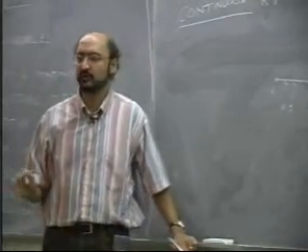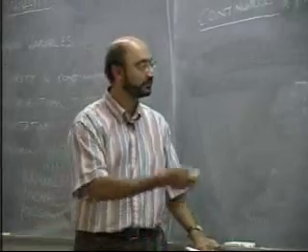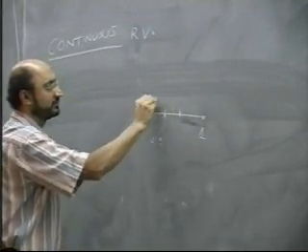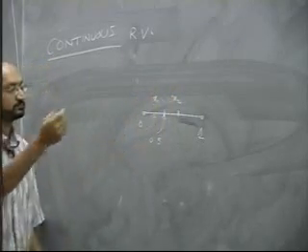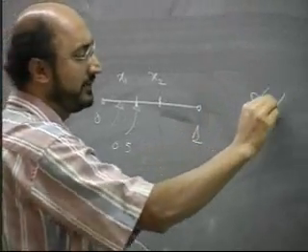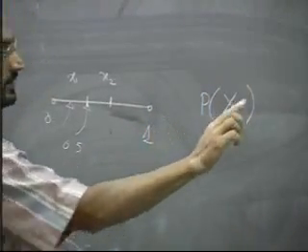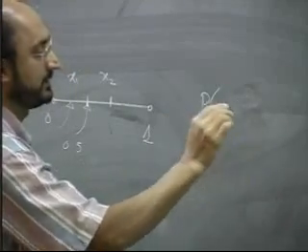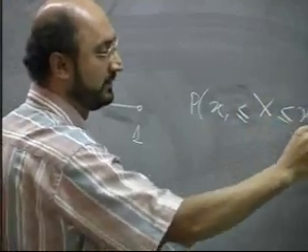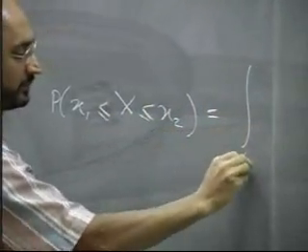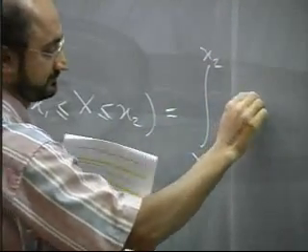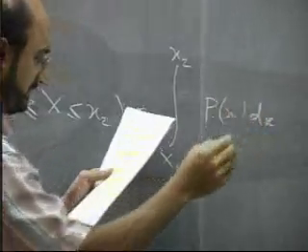There are a couple of different ways of thinking about it which will make sense. One way of making sense of this is that let's say we take two values x1 and x2 that are in the range 0 to 1. Then we can say that the probability that x1 is less than or equal to x, less than or equal to x2, is given by the integral from x1 to x2 of p(x) dx.